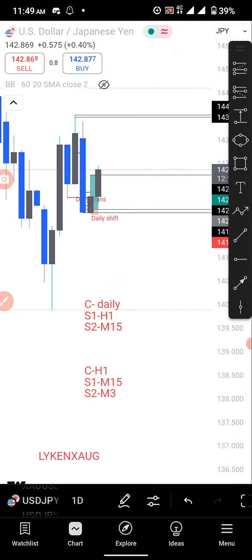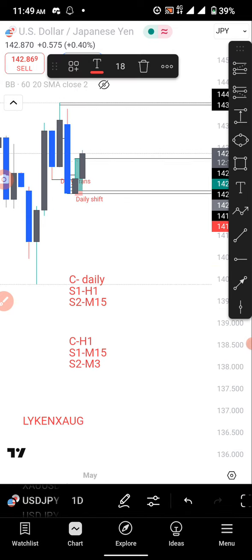So we are going to see on the way how you can use all these time frames. Now what are we using here at first?